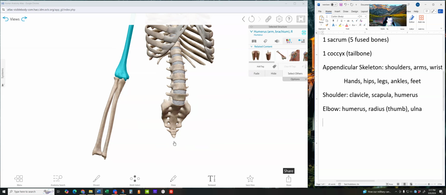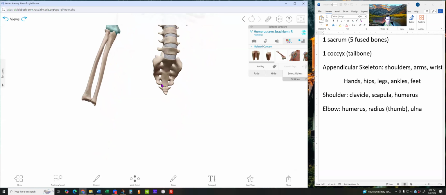All right, now let's start talking about the wrist. Okay, again, if I'm going too fast, pause your video and think about the content that's being presented. Okay, so the tiny little bones of the wrist are called carpals, C-A-R-P-A-L-S.